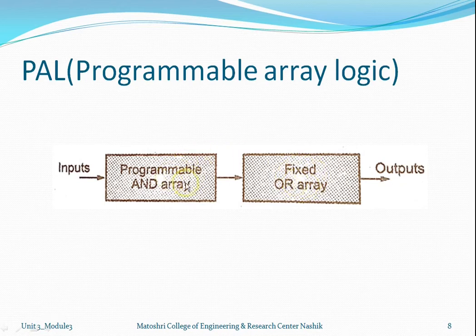Means the AND array is programmable and the OR array is fixed. Accordingly, the input signal is processed by the programmable AND array, and then by the fixed OR array, and accordingly we determine the output signal from this PAL.